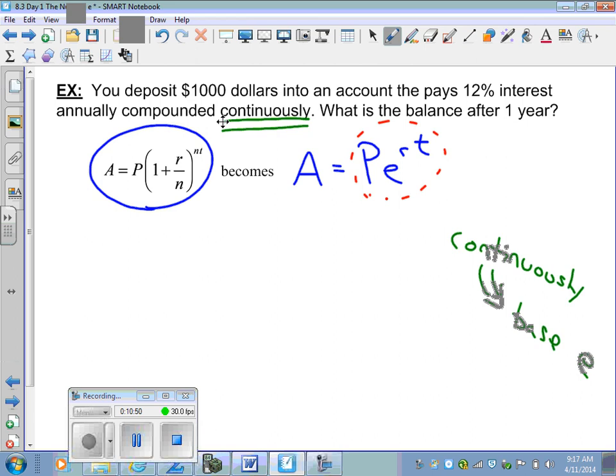Okay, so let's go ahead and use this. So what's the balance after, well, I'd say just 1 year. I probably could have made that a little more difficult for us, but I chose 1 year. So our balance A is going to be, well, we're putting in $1,000. e is just a number, right? And our rate is 0.12 times 1 year. I'm going to go to the calculator for this and see what answer it gives us.